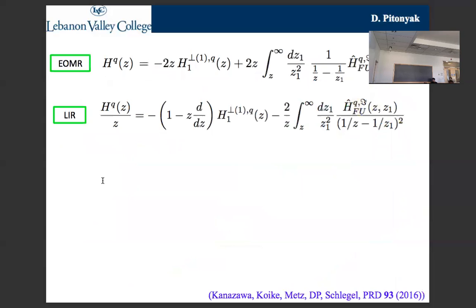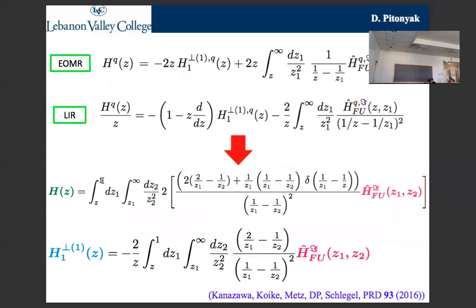Before I get to that, I want to mention that if we actually take the equation of motion relation and Lorentz invariance relation, and these have been derived now for all twist-3 PDFs and fragmentation functions, okay, we have 2 equations and we have 3 unknowns. Well, we know from mathematics that means 2 of the functions are not independent. So we can actually solve for H as this integral of the dynamical fragmentation function. We can solve for the first moment of the Collins function as an integral of this dynamical fragmentation function.